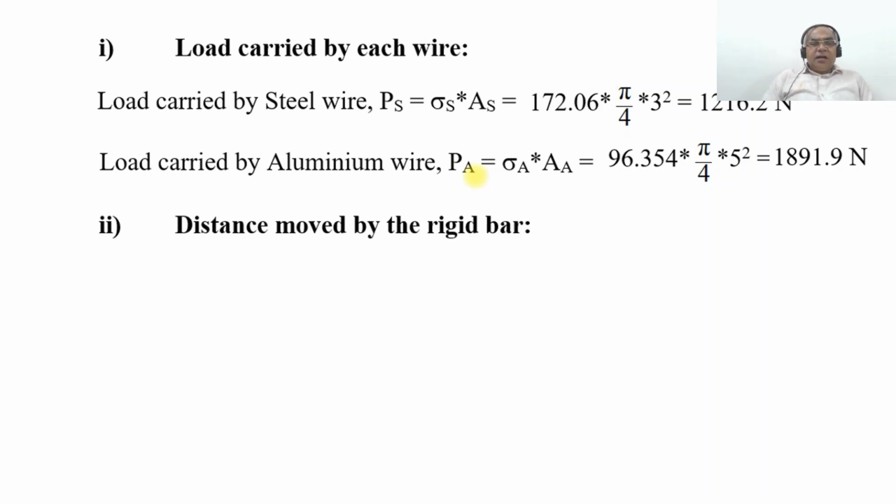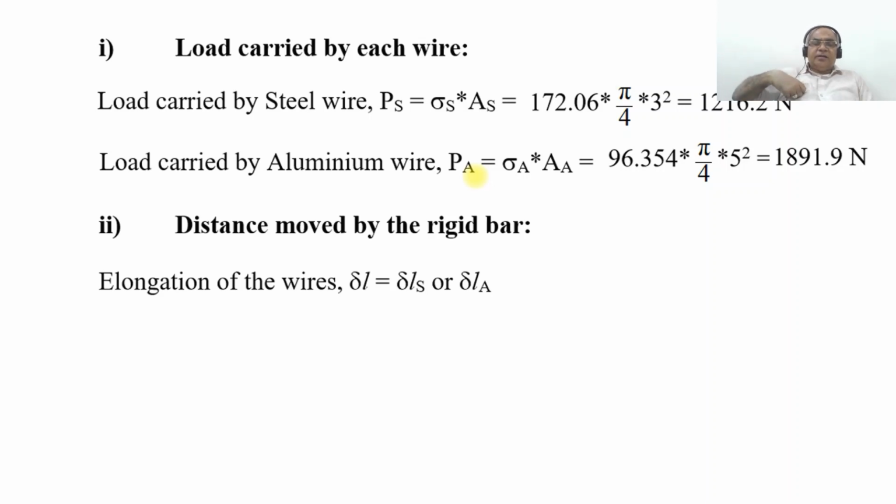Similarly, the distance moved by the rigid bar. That is delta LS, the elongation of the wire. Delta L will be equal to either the elongation of the steel wire or the elongation of the aluminum wire, as both the wires are fixed to the same rigid bar. So that is PS into LS by AS into ES, which is equal to sigma S into LS by ES. You know the value of stress, the length of the steel wire and Young's modulus, so you substitute those values.